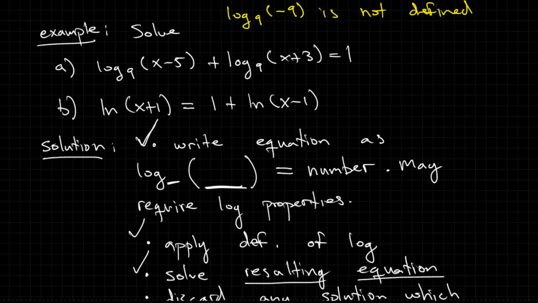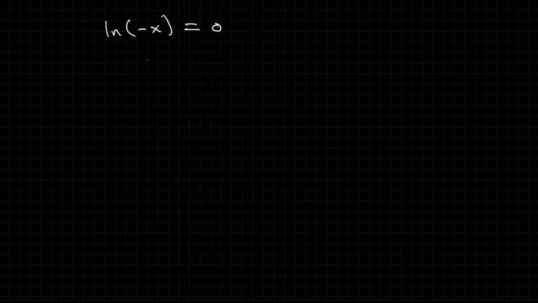Then we apply the definition of the log. We get that -x equals, remember the base here for ln is e, so this would be e to the 0, which is 1, and then we solve for x, we get x equals -1.